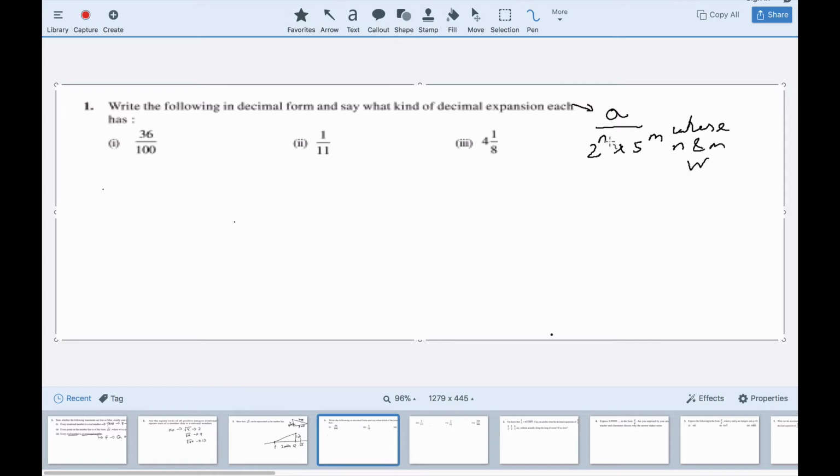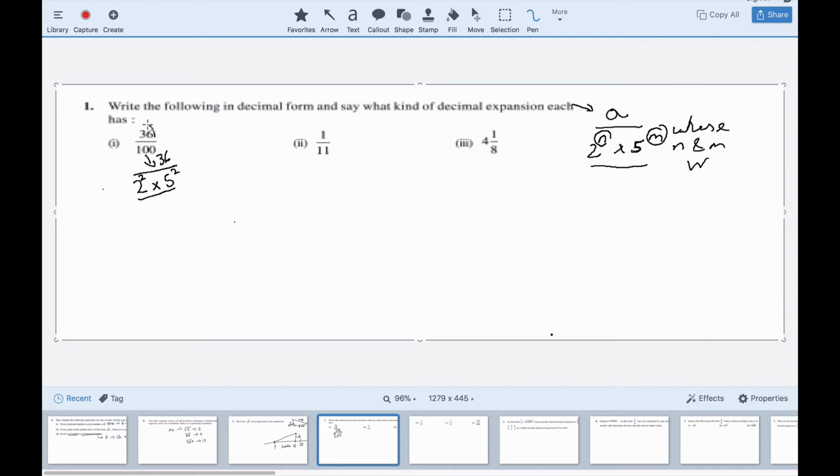So that means n and m can be any whole number, and if the denominator is of the form this, then it will definitely give us a terminating decimal expansion, and we can see it right here. We know that we can write it as 2 square into 5 square, and 36 remains the same. So it is clear that it will be a terminating decimal.